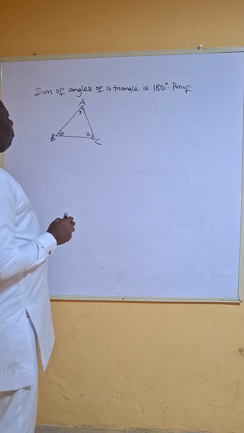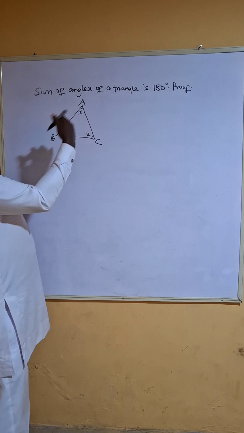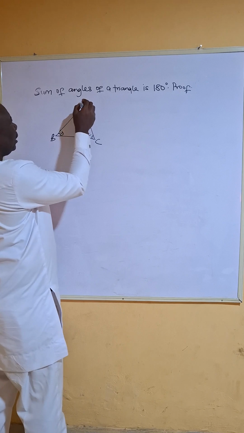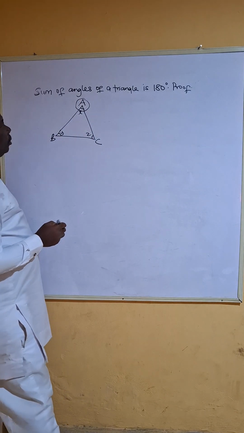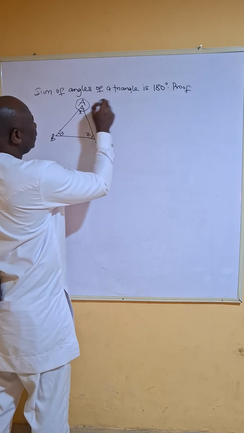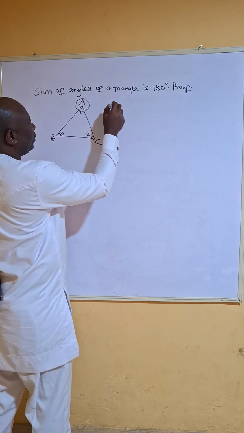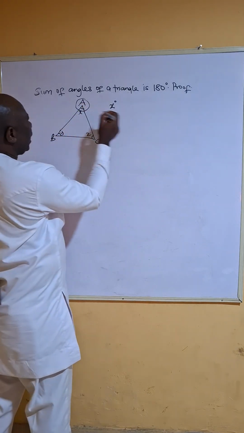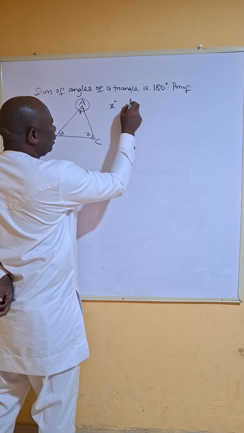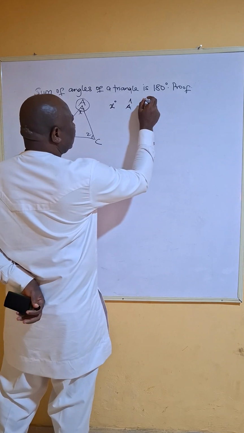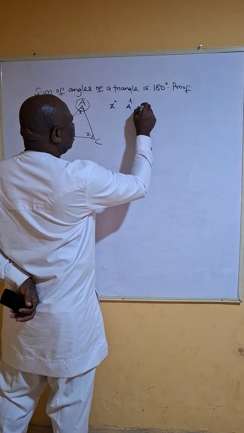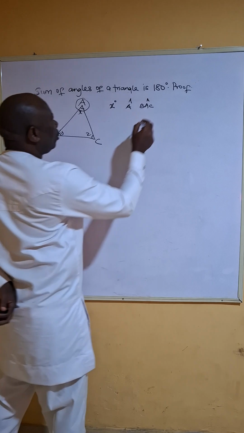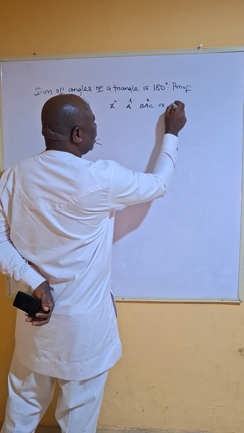So the different ways of writing the angles: for example, you can write this one as X, which you have used to represent the angle. You can write it as X degrees. You can write this one as angle A. You can write it as angle BAC.